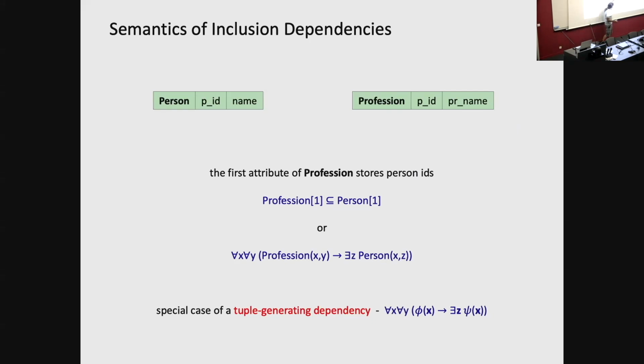The difference is that here in the left and the right-hand side, I don't have a conjunction of atoms, I have just one atom. So an inclusion dependency is essentially a tuple generating dependency where in the left and the right-hand side, the body and the head of this rule, we have just one atom. One can express way more things with tuple generating dependencies, TGDs for short, but I will not get into these things.